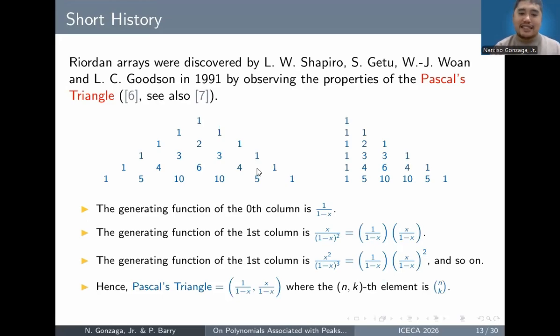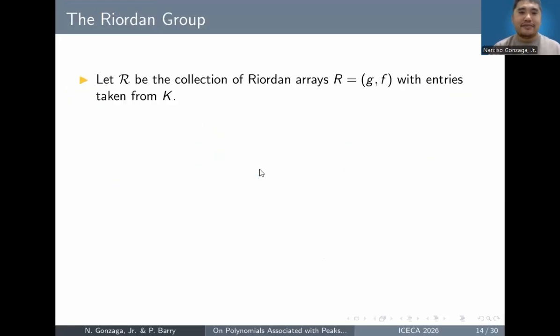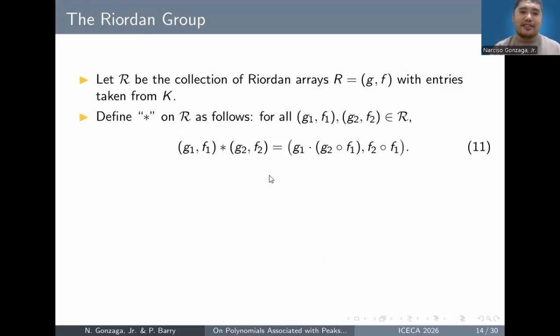That's why the Pascal's triangle is the most classic example of a Riordan array. And we collect the Riordan arrays and denote the collection by script R and define the binary operation on script R in equation 11.